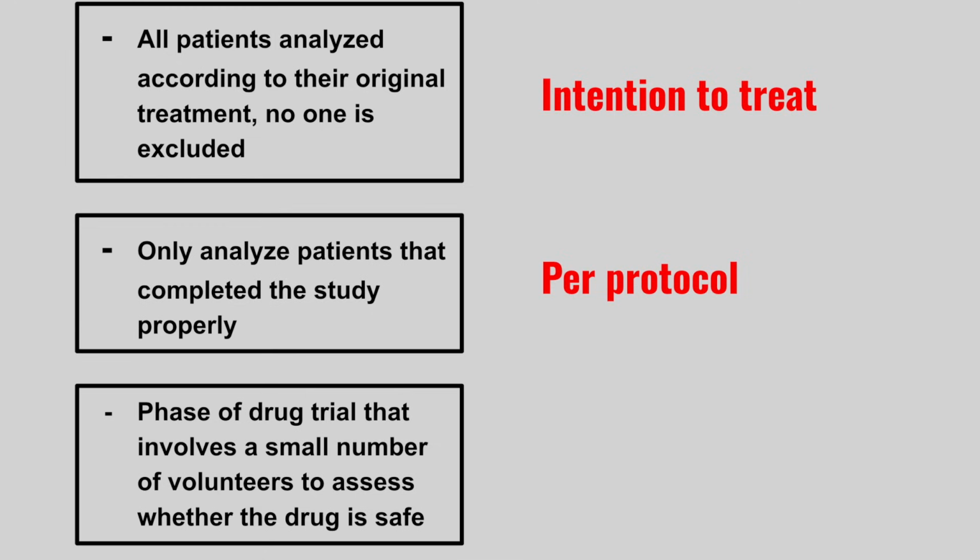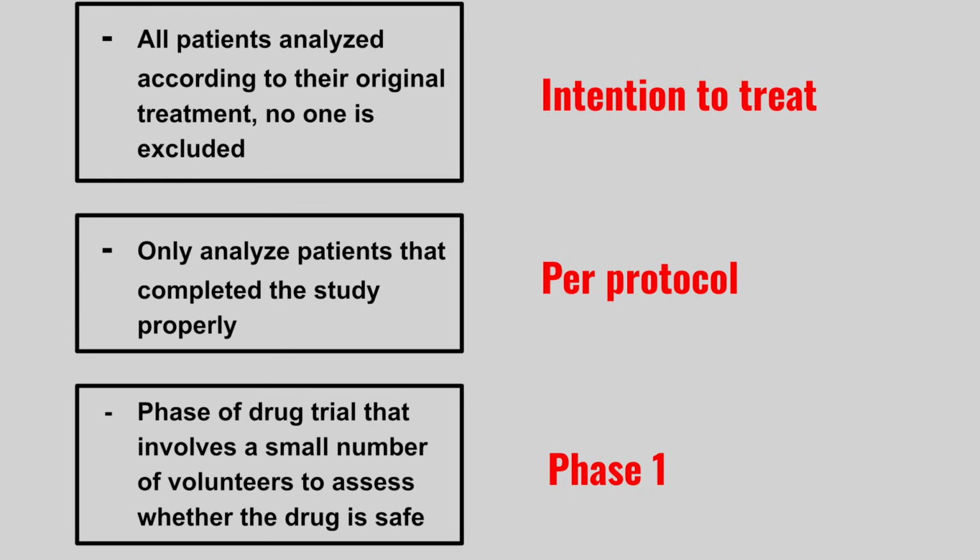Next, we're going to be talking about the drug trial phases. So guess the phase of the drug trial that involves a small number of volunteers to assess whether the drug is safe. This is phase 1.